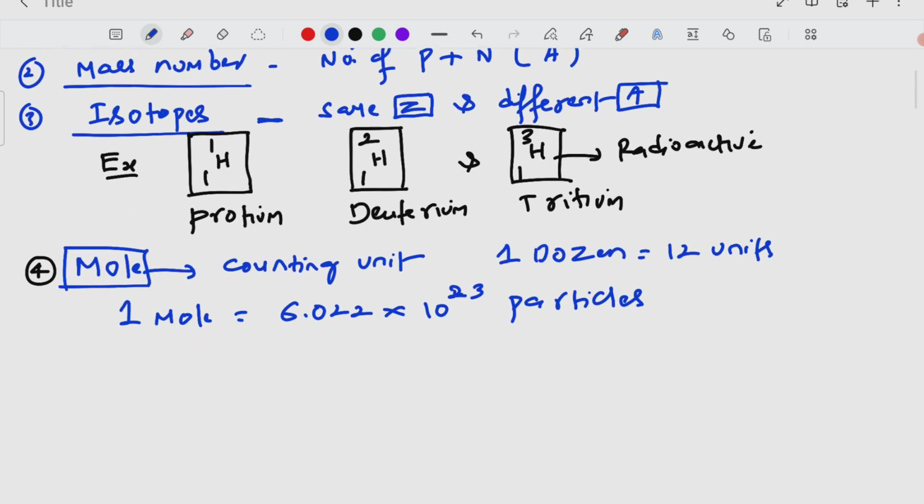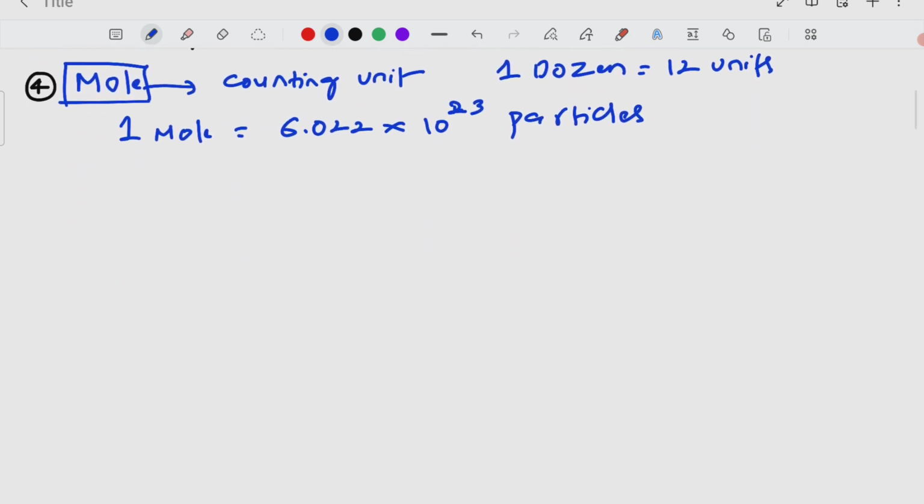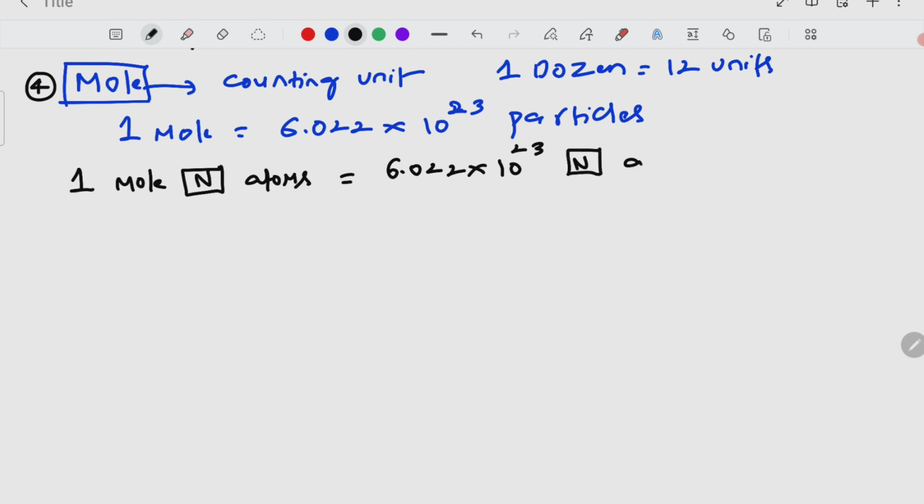So where we use 1 mole, let us see here. For example, if I write 1 mole nitrogen atoms, it means 6.022 into 10 power 23 nitrogen atoms. Same we can use even for nitrogen molecules.